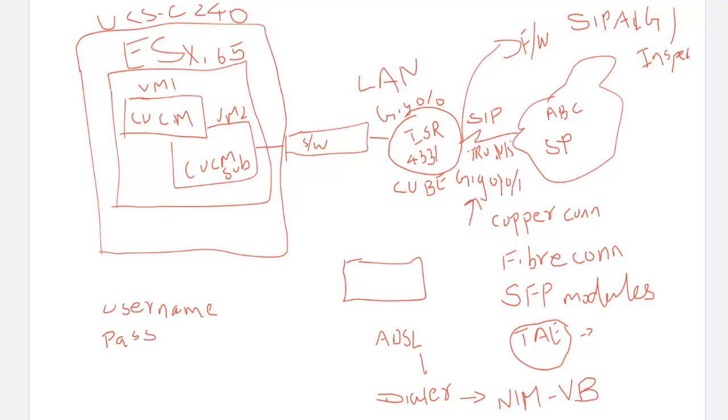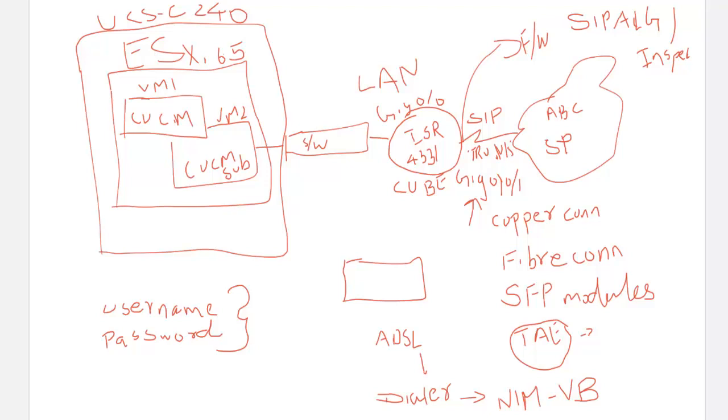Okay, so there might be a possibility that the service provider says, okay, you need to register your CUBE to our platform. So for this you need the username and password so that you could register this ISR 4331 router to the service provider, for the SIP trunk connection.